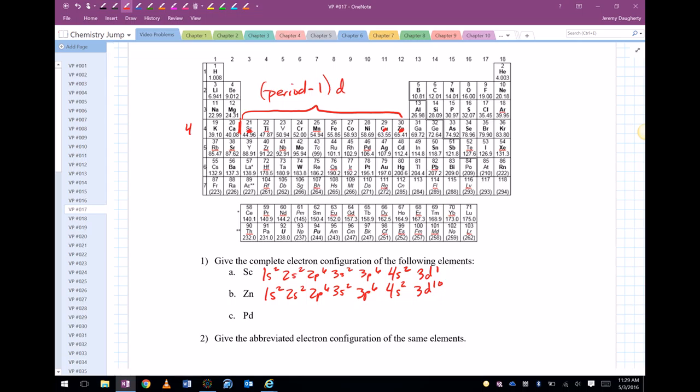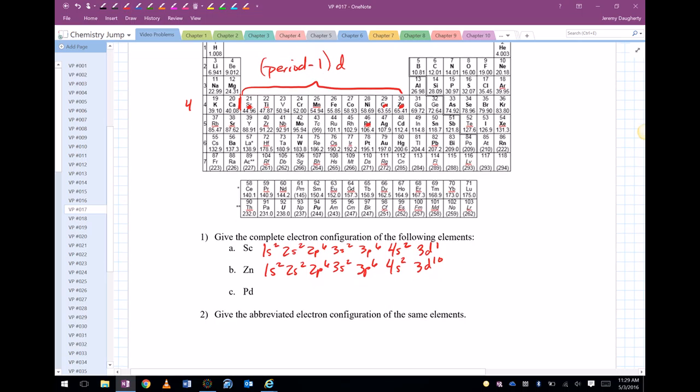Palladium then is right here. It is now in the fifth period, so we have to go all the way through the fourth period. Let's do that first: 1s2, 2s2, 2p6, 3s2, 3p6, 4s2, 3d10. Now we're right here at 3d10. Now we go back here and do those.